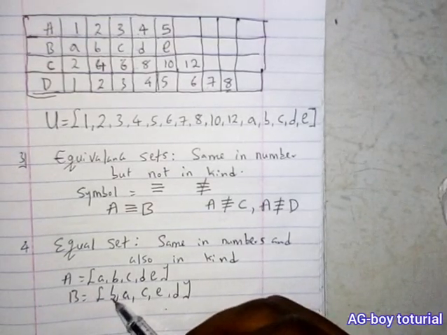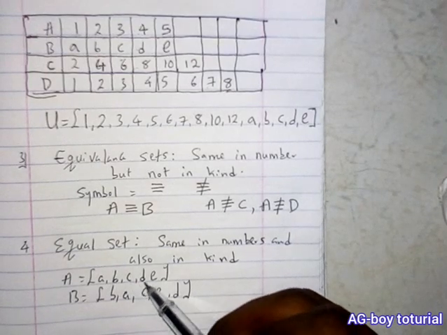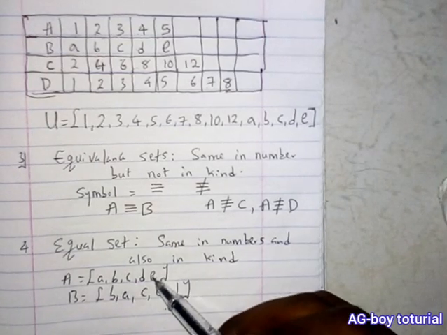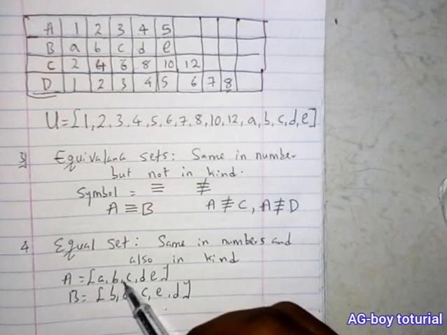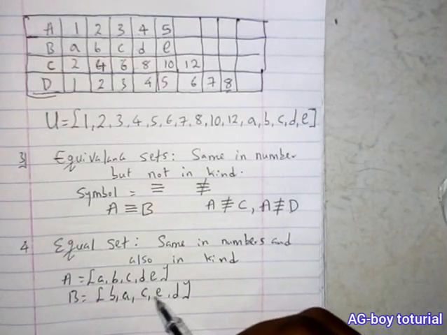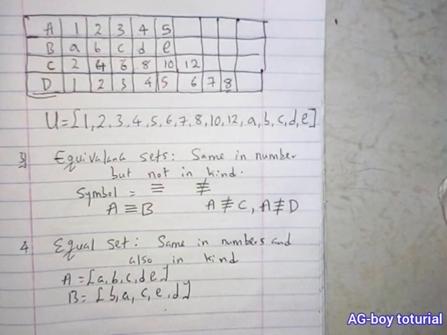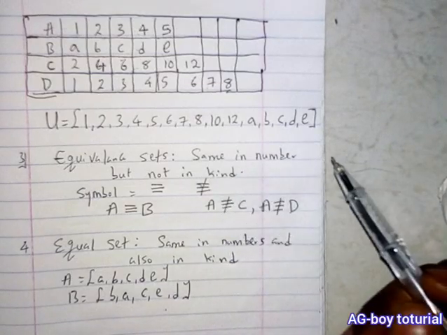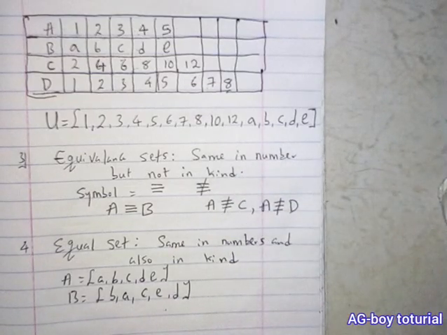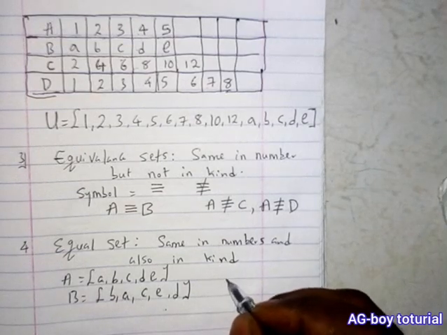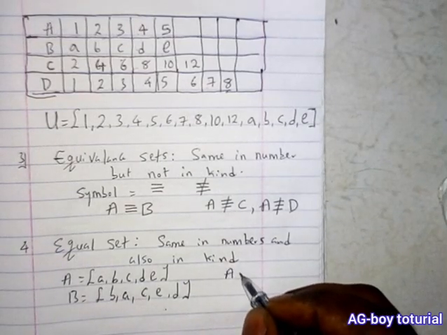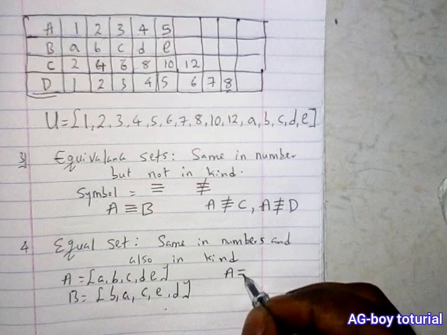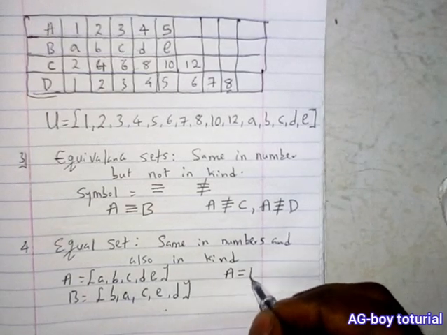I have B and also have B here. I have C, also have C here. I have D, also have D. E, also have E. Now, if you count it, 1, 2, 3, 4, 5. 1, 2, 3, 4, 5. So they are the same in numbers and also in kind. That's what makes this an equal set. They are different from the equivalent. So we can say A is equal to B.